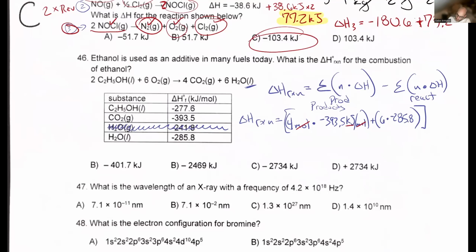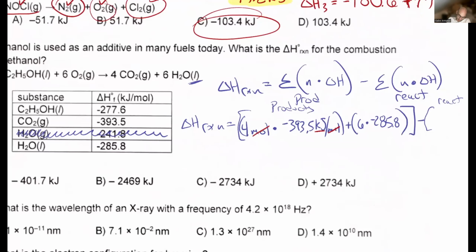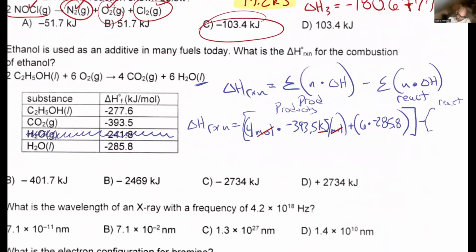Delta H, so minus the summation of reactants. So this is all going to be reactants. I'm going to try to fit it in here the best I can. So I have 2 moles of ethanol, so 2 times the ethanol, which is negative 277.6 kilojoules of energy, plus, this is the easy one, 6 moles of O2.